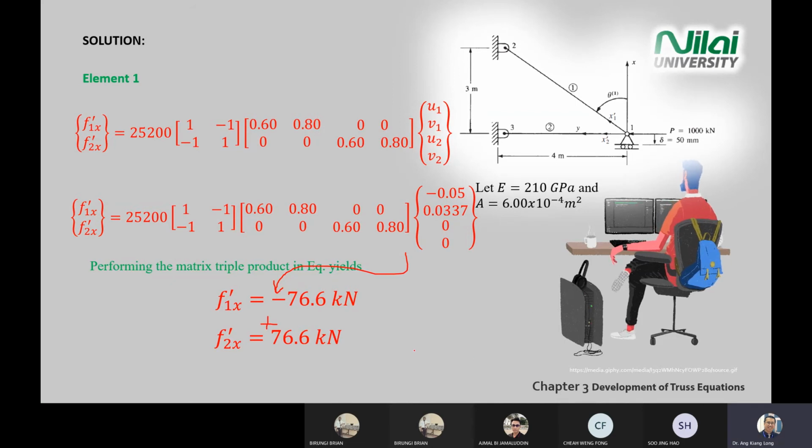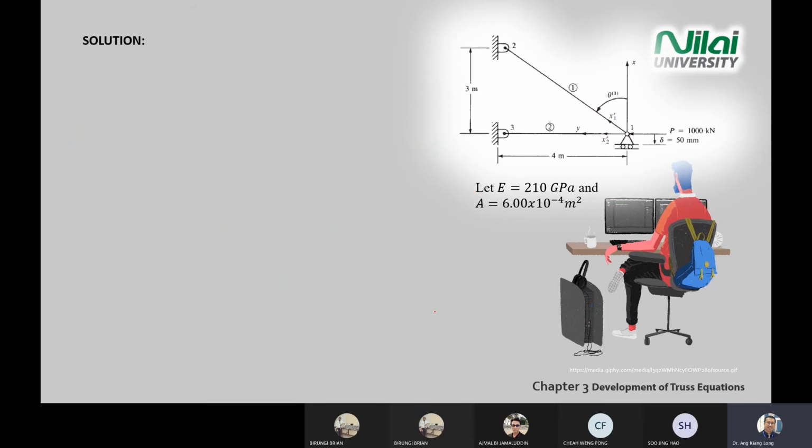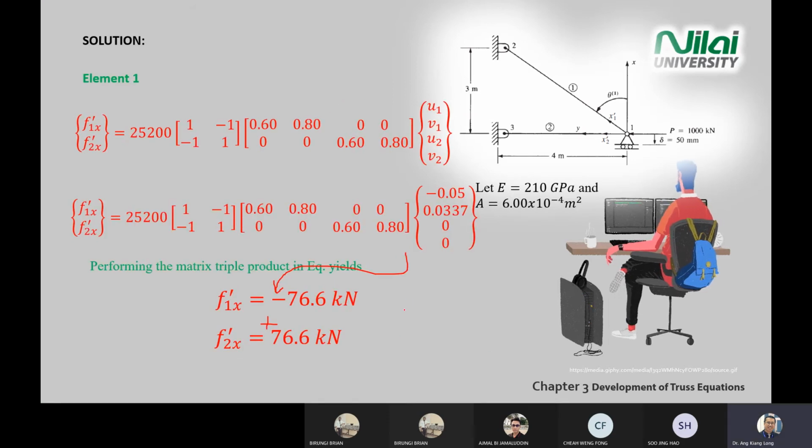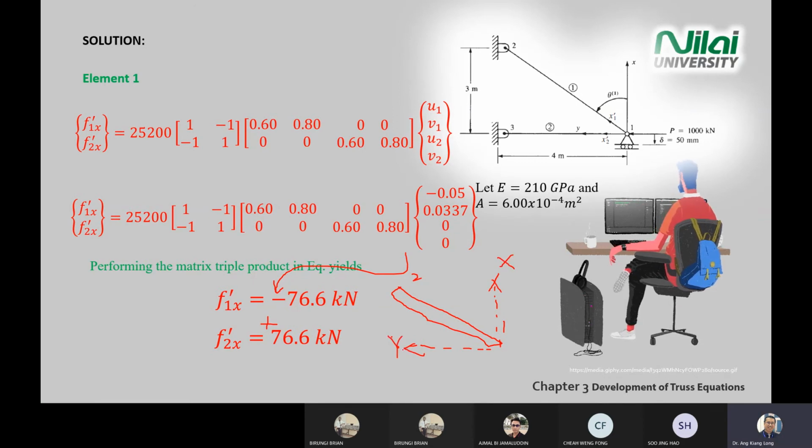Let me see if I have the free body diagram ready for you. Now you draw element 1. This is point 1, this is point 2. And remember, your axis is like this, your X and Y. So for X1, you have a negative.